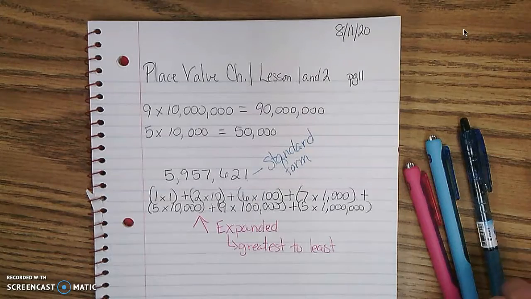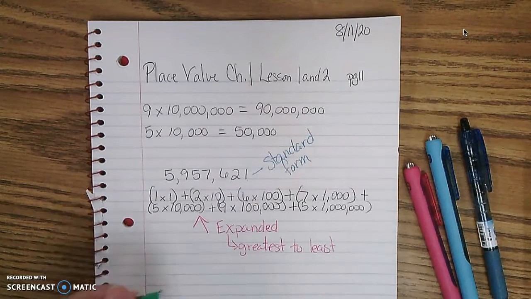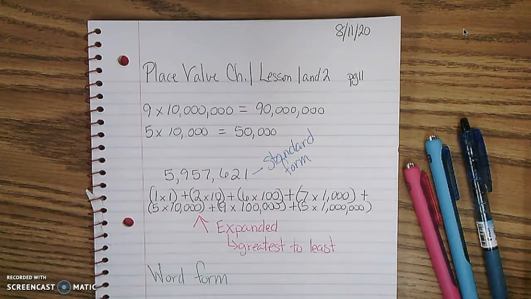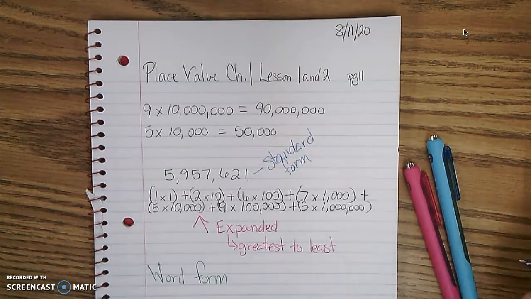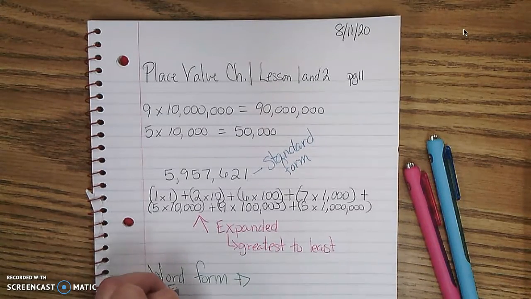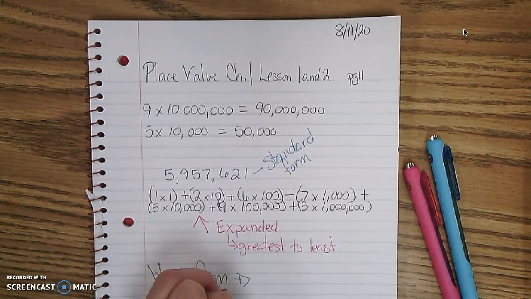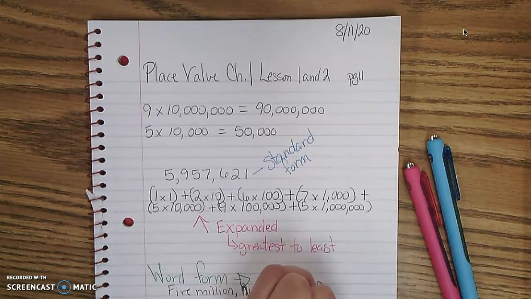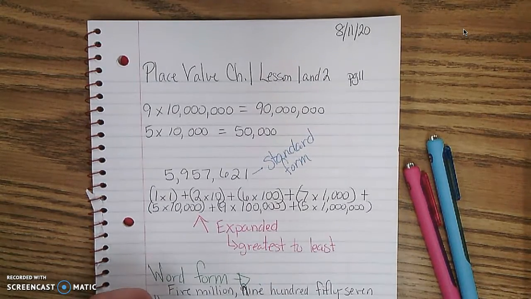And lastly, there is word form. And writing this number in word form, we would say 5 million, 9, oops, I should write it in words, 957,000, comma.